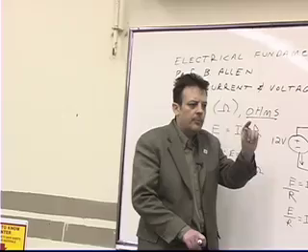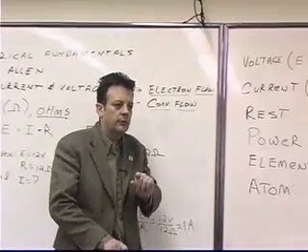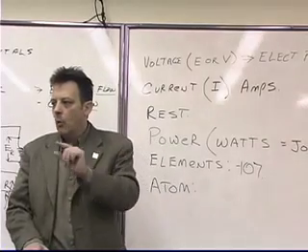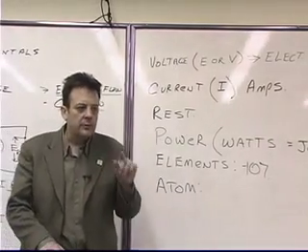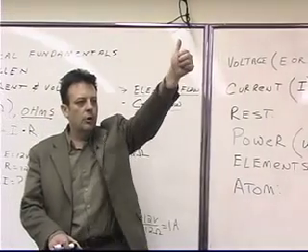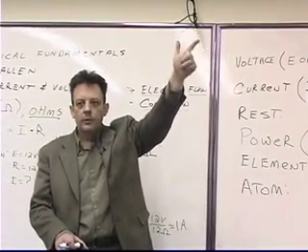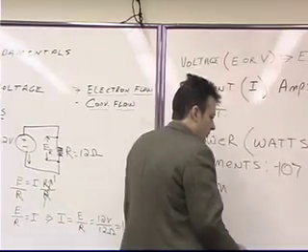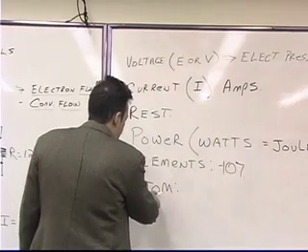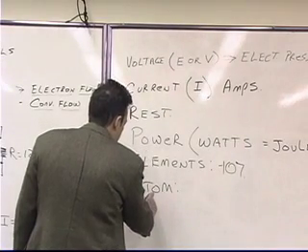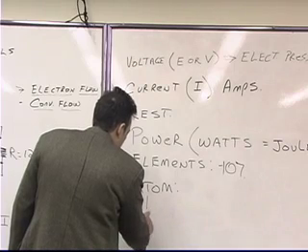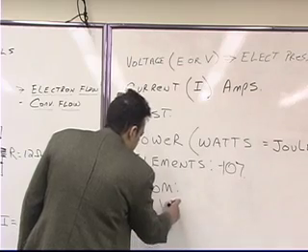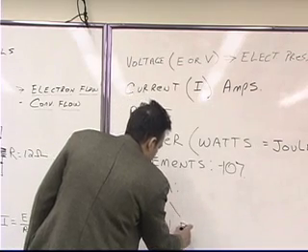Atoms are made up of subatomic particles. If we use the Bohr model of the atom, the Bohr model tells us that atoms are made up of protons, electrons, neutrons. Okay? So, in an atom, it turns out that we have protons, neutrons, and electrons.